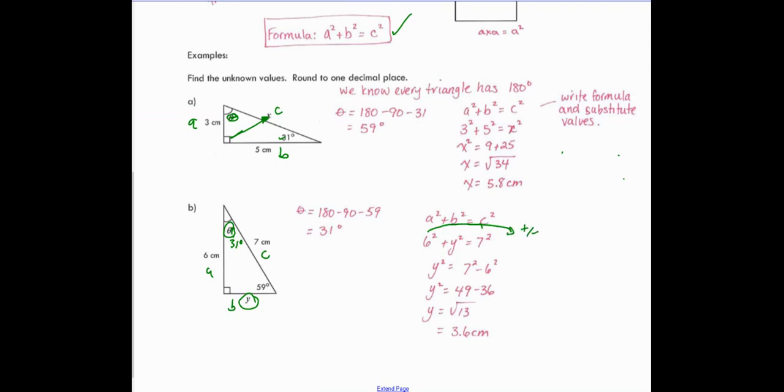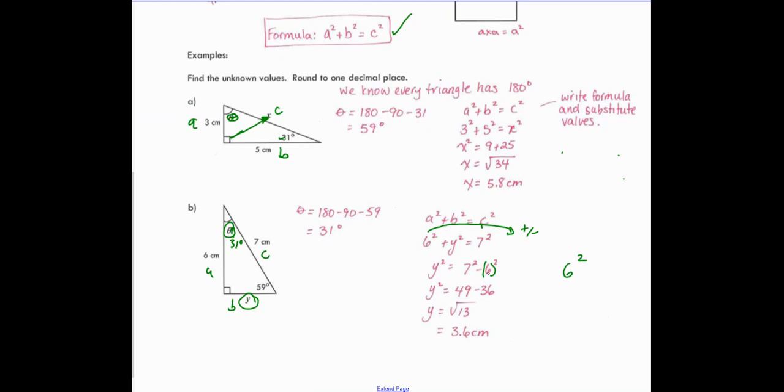Anytime we bring something across the equal sign, we change the sign. All right, and so we have 7 squared minus, very important that we have minus, 6 squared. Now it's just the 6 being squared. So it's like there's a bracket on this. We wouldn't want to square the negative and then turn this into a positive. That will really give us the wrong answer.